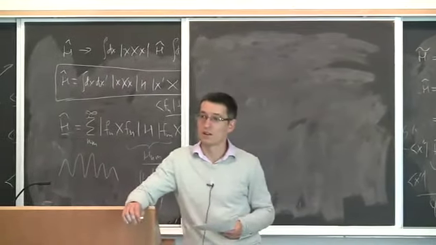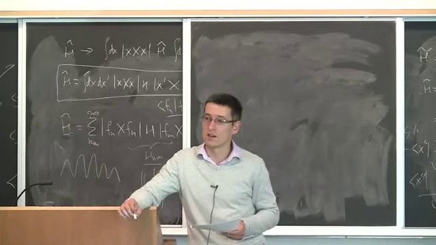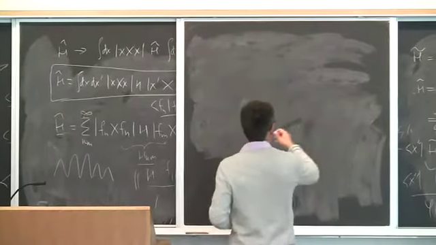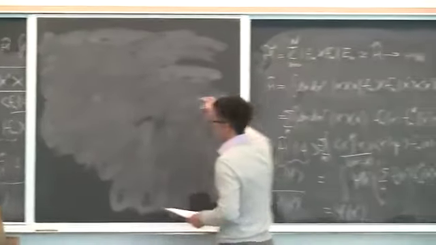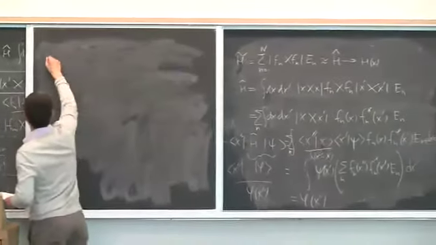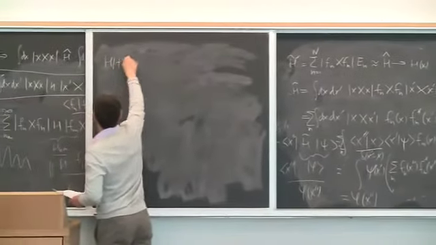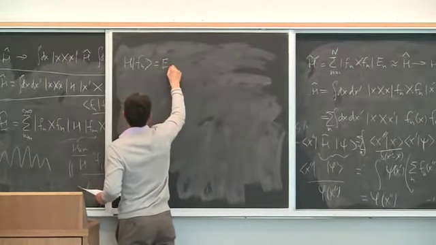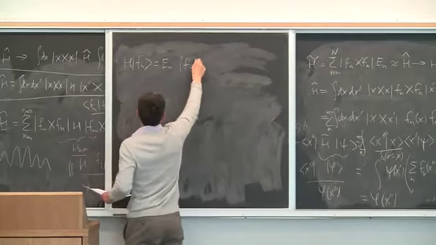Yeah? This may be a stupid question, but you went from having Fn and Fn to just having Fn. How did that happen? Okay, so the way it happens is that we assume that Fn is an eigenfunction of H. So H Fn gives you, let's call it, energy En Fn, right?